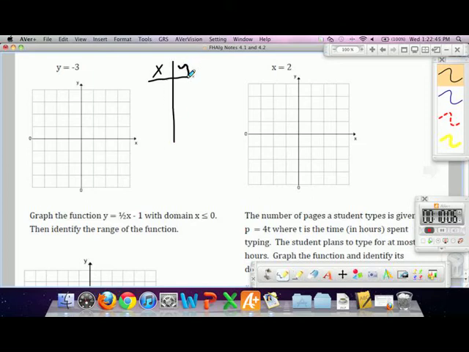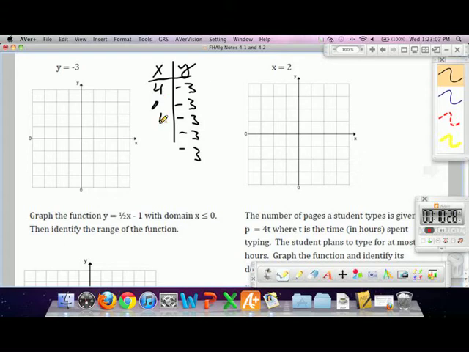So pick a handful of x's. What are some values of x you'd like? Okay, let's try to restrict them to what I could graph. So 0, 4, 1, 2. Give me a couple negative numbers. -2, -5. There we go. 4, 0, 1, -2, and -5. Let's graph those points.